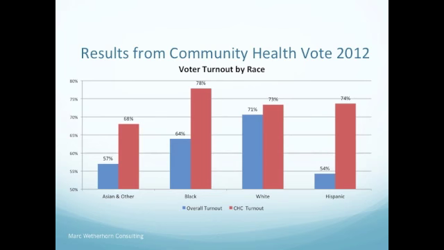Most importantly for all of you, if you look at this voter turnout by race or ethnicity, and you look at the Asian and other turnout on the far left, what you see is, again, all we did was register people or ask them if they wanted follow-up to remind them or to help them know how to cast their ballot. And what we found is that, again, in the Asian community, we increased turnout, and this is in a presidential year.